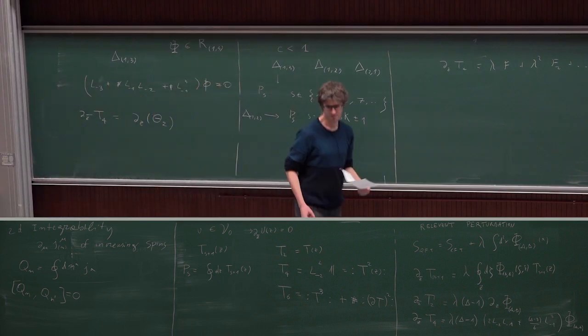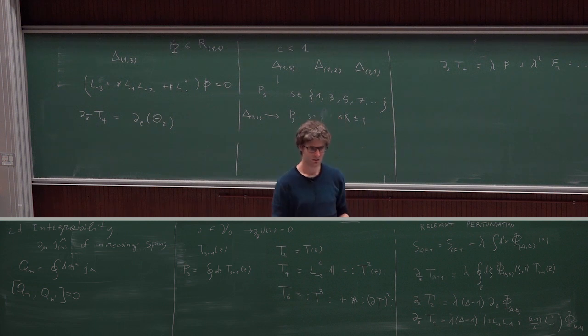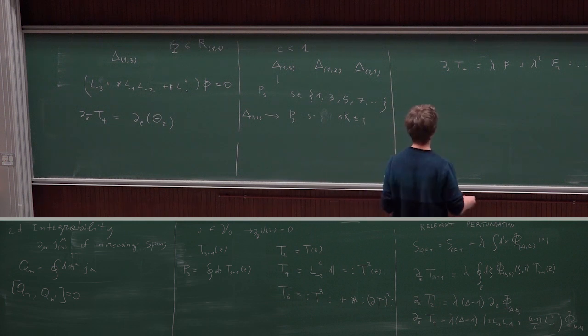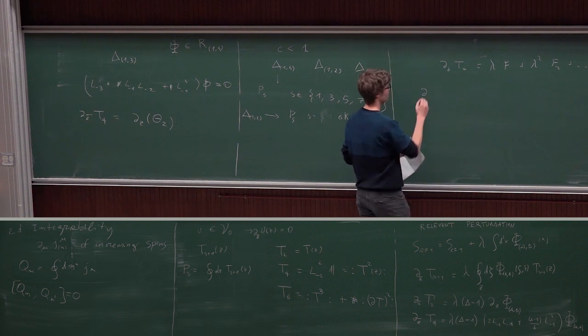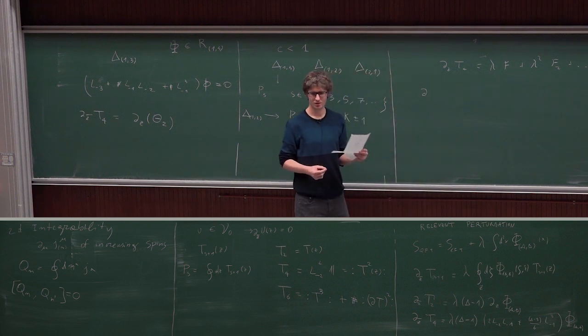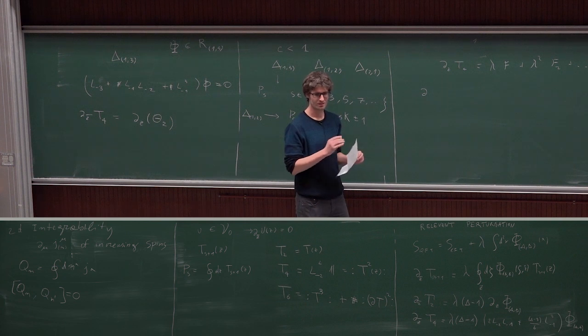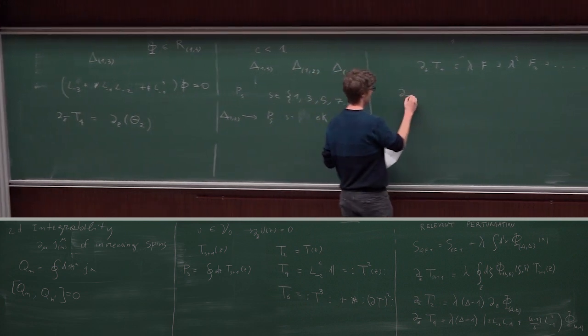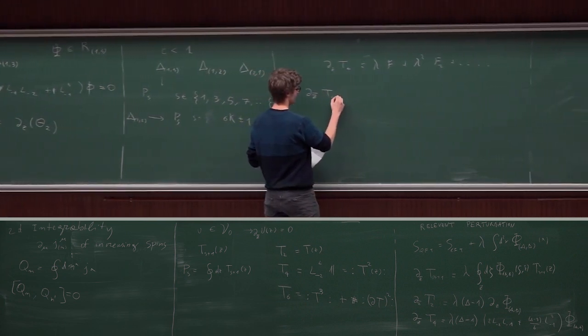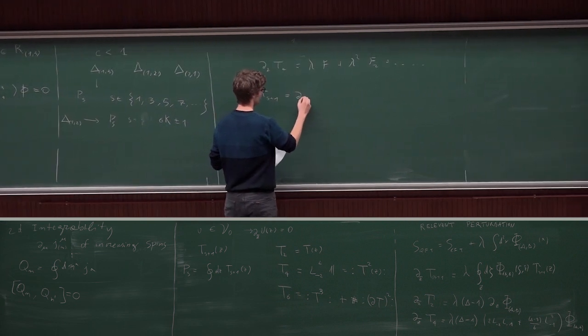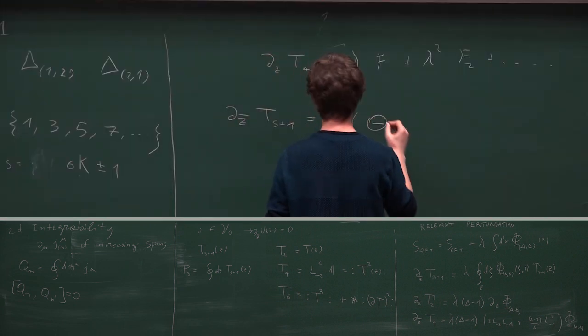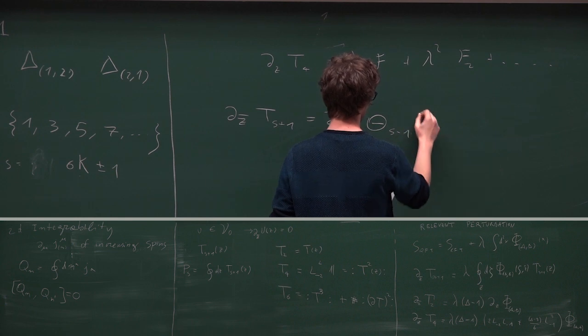Okay, so yeah. Tensor T2 is equal to 0. That's the one. And Tensor T4 is equal to 0? No, you want to show that you can have some new conservation laws that are not related to holomorphicity, that have the form dbar T_{s+1} equals dz of theta_{s-1}.